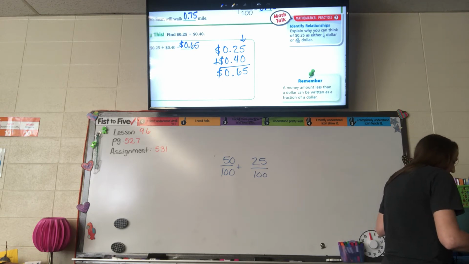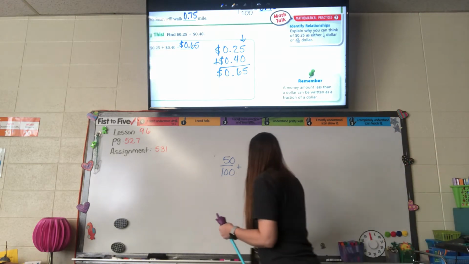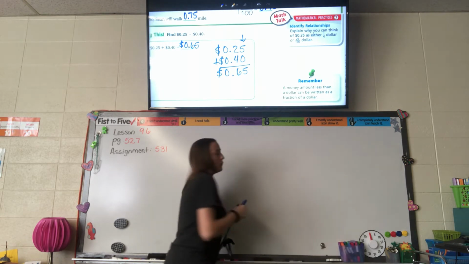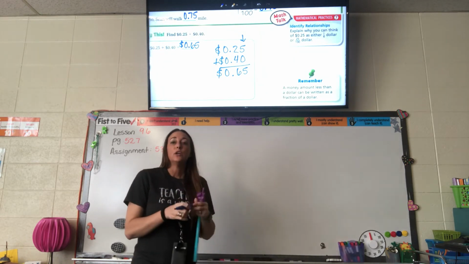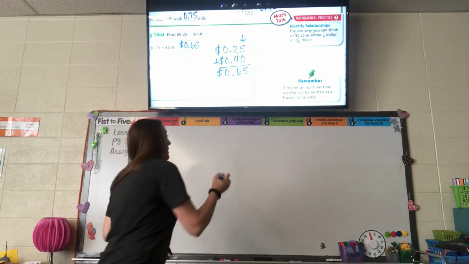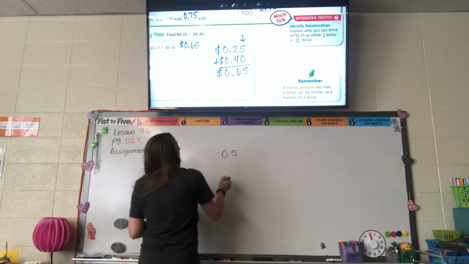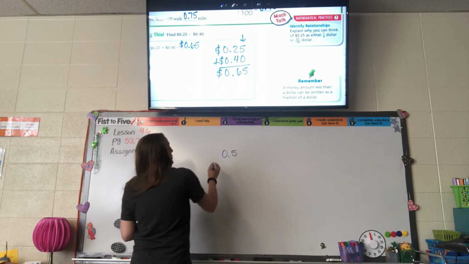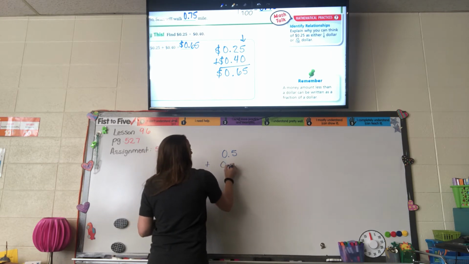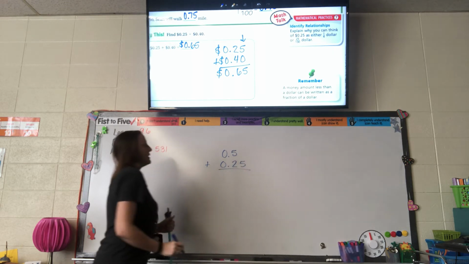Let's see here. I do want to show you guys really quick one thing. When you're adding decimals, you need to remember to line up the decimal point. So let me show you what I mean here. If we were adding 5/10 like we did before to 25 hundredths, we would line it up like that.